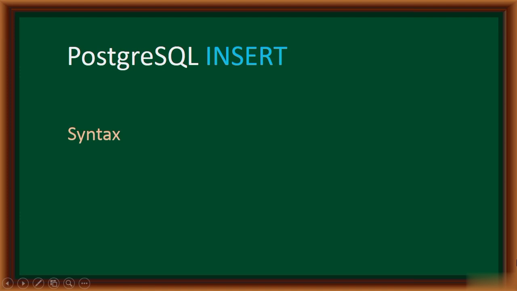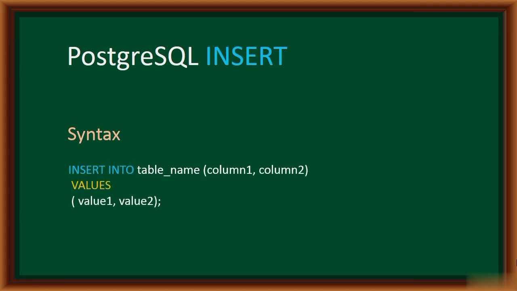into the table. A typical syntax to insert data or rows into a table is like this. You begin with the insert into clause followed by the name of the table, and then in parentheses you specify the column names.